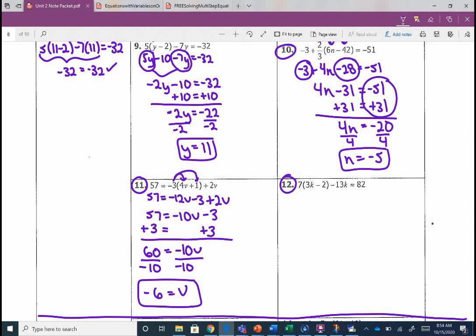I am going to go ahead and put the steps up for 12. So if you're still finishing 12, keep going. Again, watch your signs. Positive 21, but it's a negative 13 you're putting it with. Watch your signs.